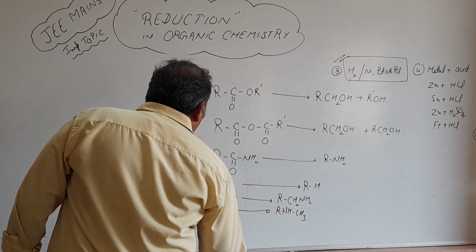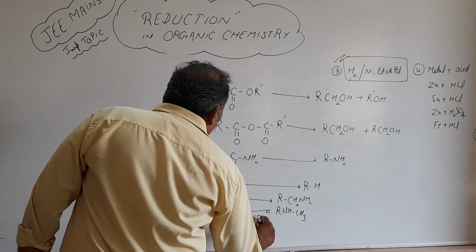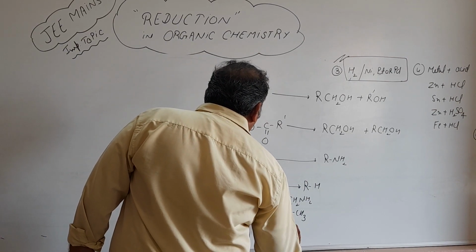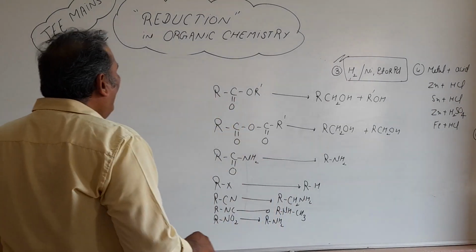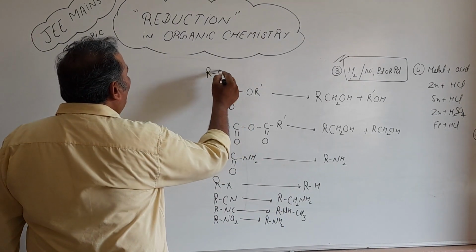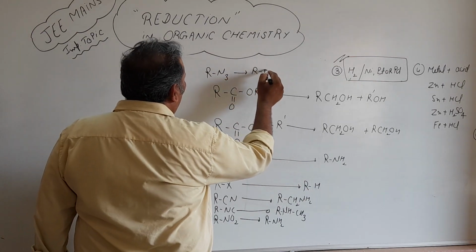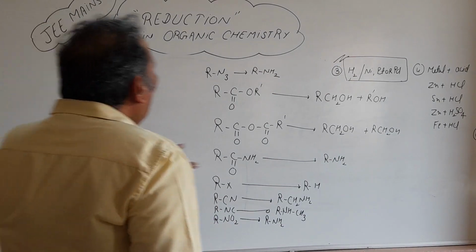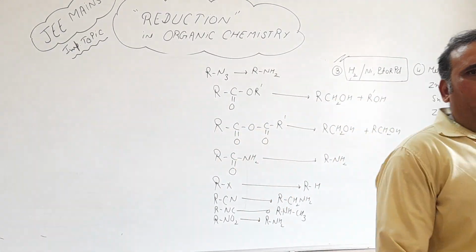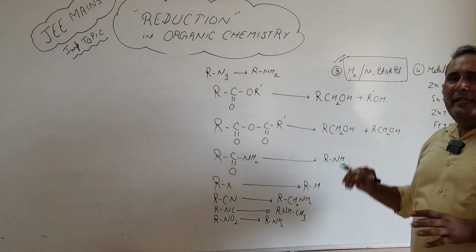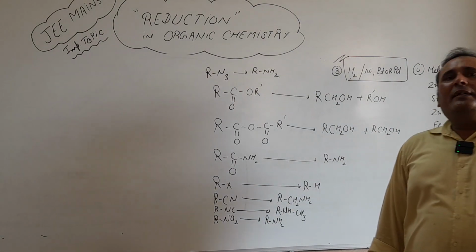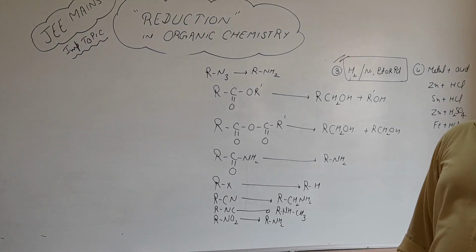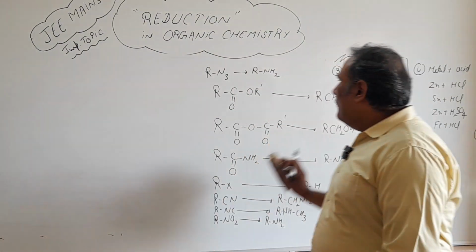Nitro group, RNO2, yes, RNO2 also can be reduced into 1 degree amine. Azide, yes, azide can also be reduced to amine. So we can say almost all functional groups can be reduced by hydrogen nickel except one, that one is carboxylic acid. It will not be reduced by H2 with Ni. So it is not a selective reducing agent.